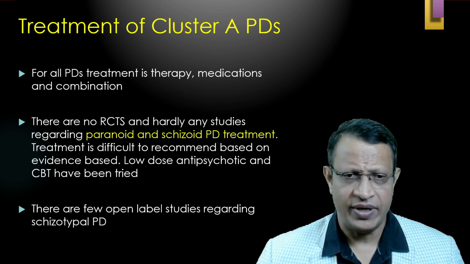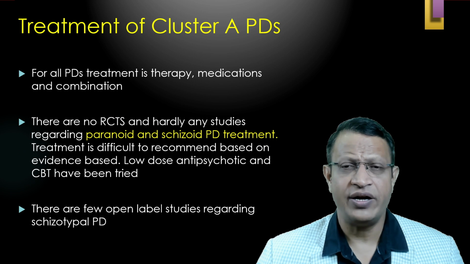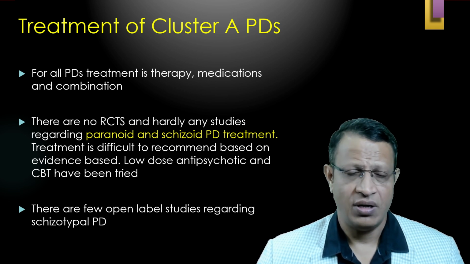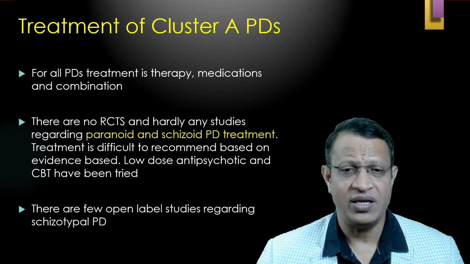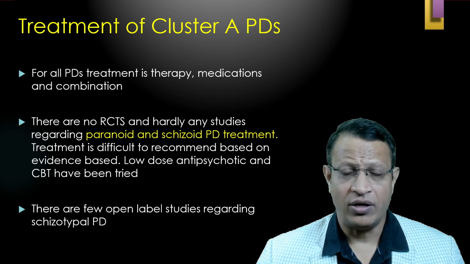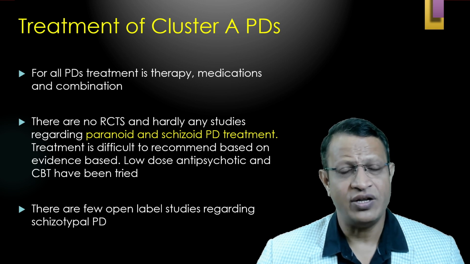Let's look into the treatment. For all personality disorders, the treatment is psychotherapy, medication, or a combination of both therapy and medication. Unfortunately, there are hardly any studies, and no RCTs, with regard to treatment and therapy for paranoid and schizoid personality disorder.